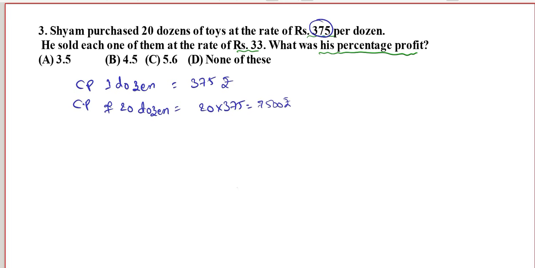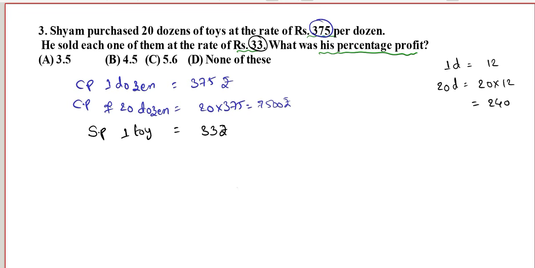And he sold one toy for 33 rupees. That means the selling price of one toy is 33 rupees. So how many toys does he have in total? He has 20 dozen, and one dozen means 12. Then 20 dozens means 12 into 20, which is 240.